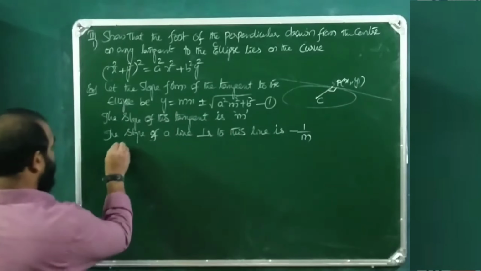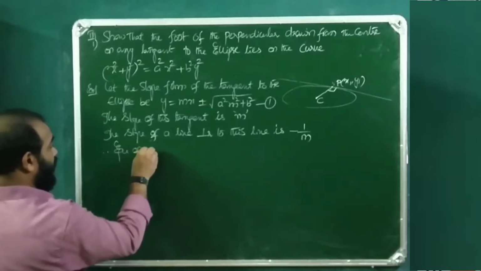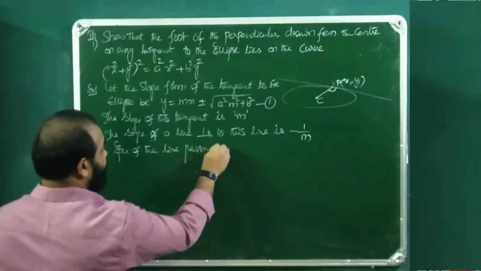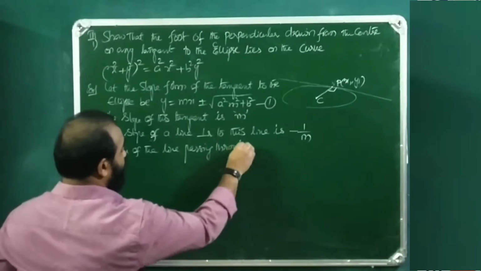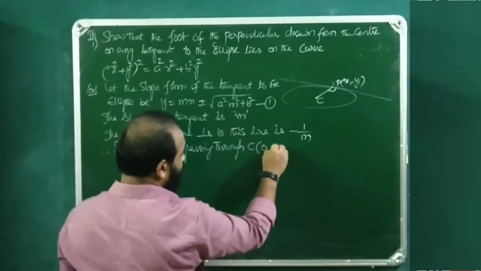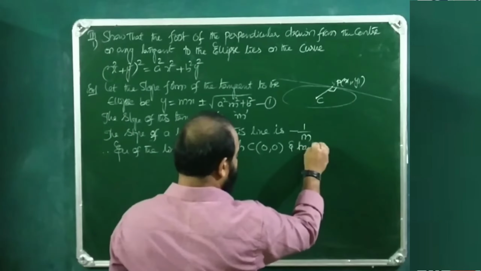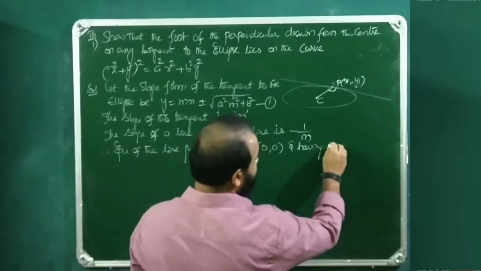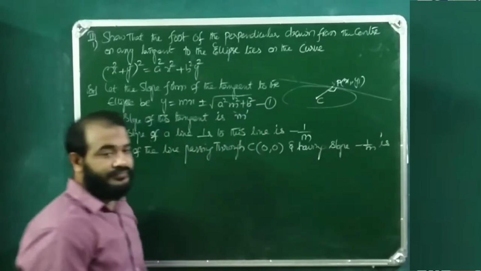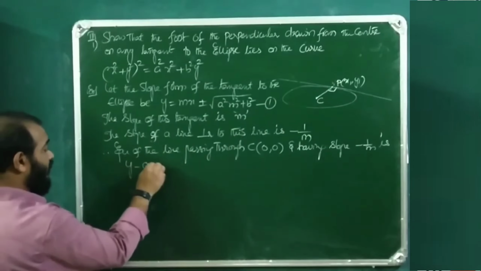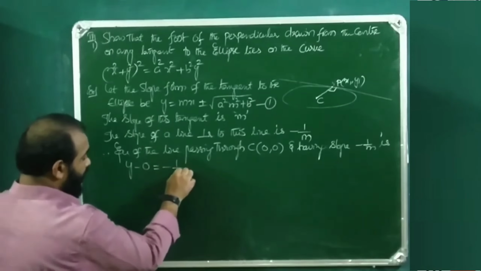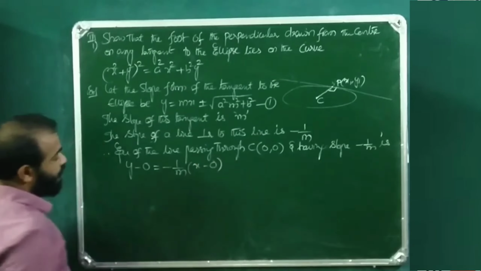So therefore, the equation of the line passing through the center C (0,0) having slope minus 1 by m is, slope point form, y minus 0 equals minus 1 by m into x minus 0.